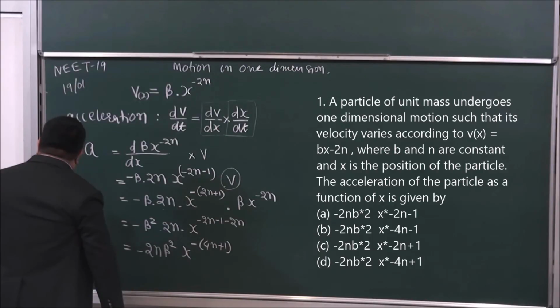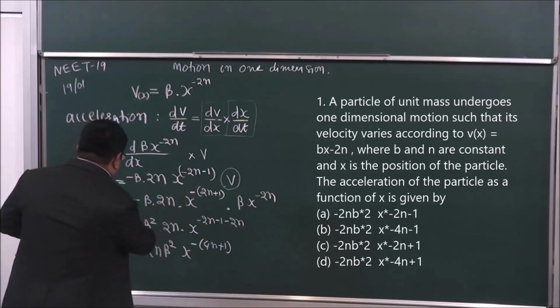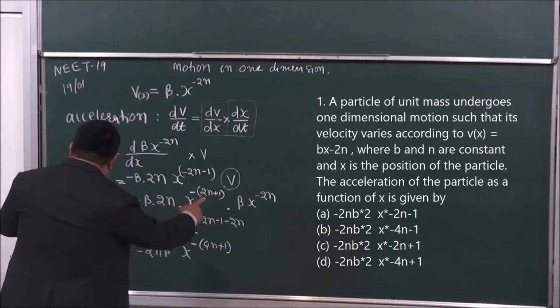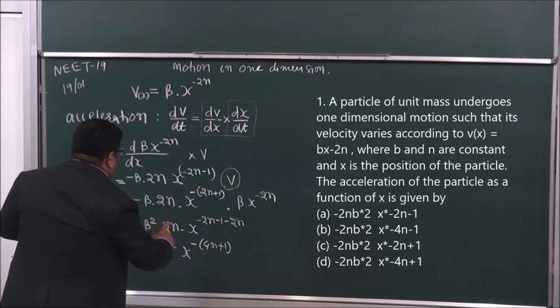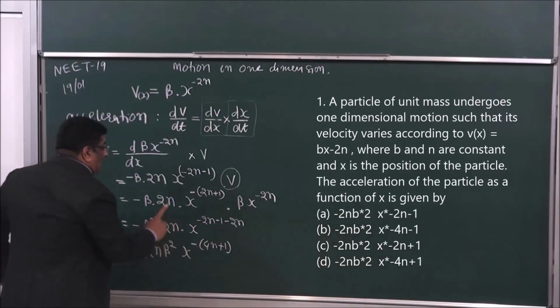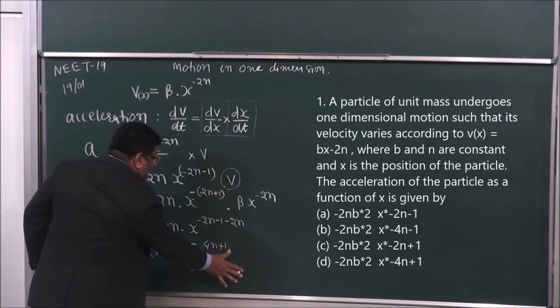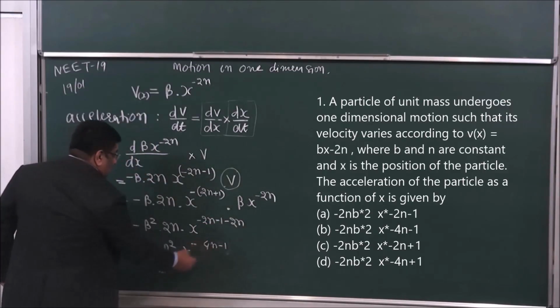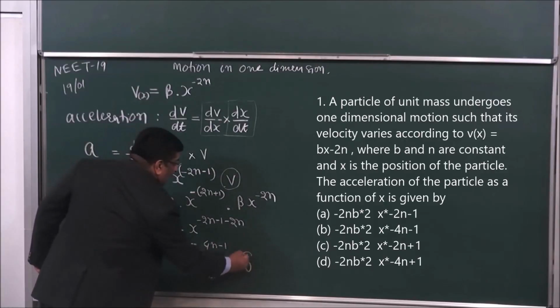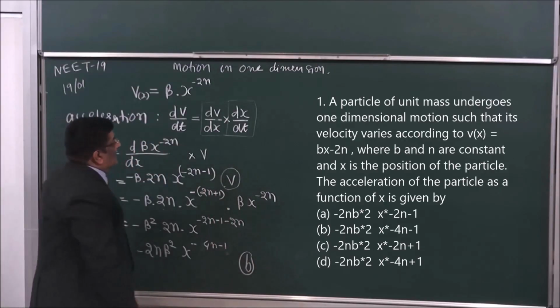Here we have option number B, which is minus 2n correct, beta square correct, x to the power minus 4n minus 1. That was given without the bracket. We can also write it without the bracket. Then this minus into plus will be minus 1 as it is here. So this is option number B. It is done in this way.